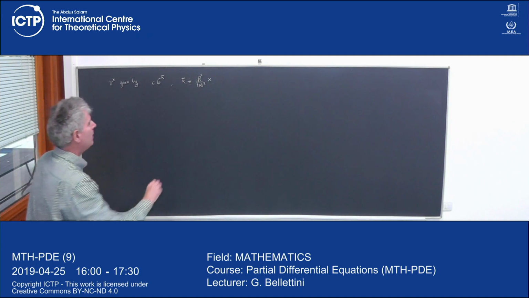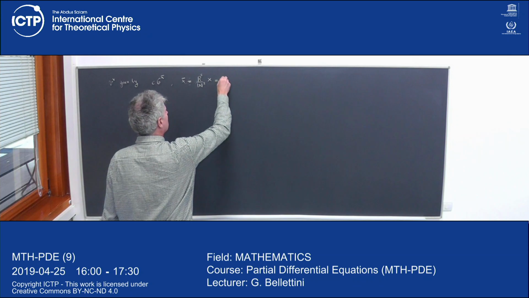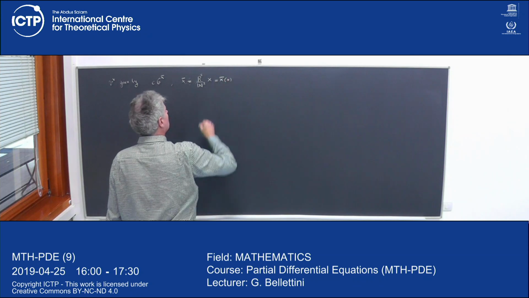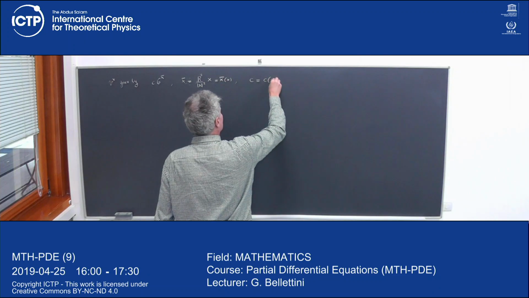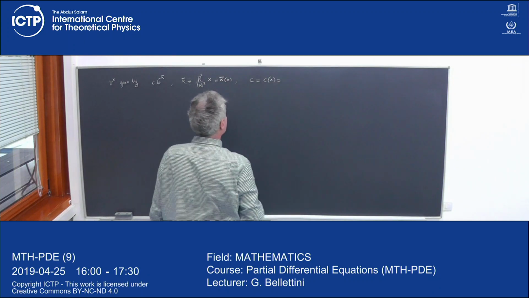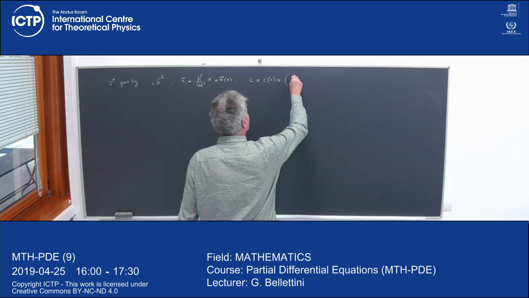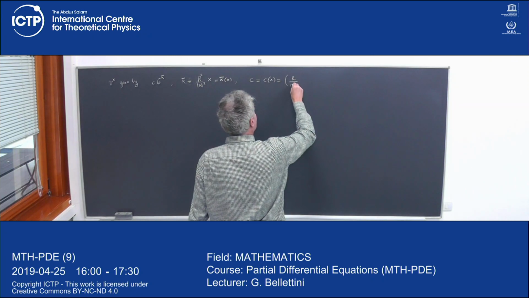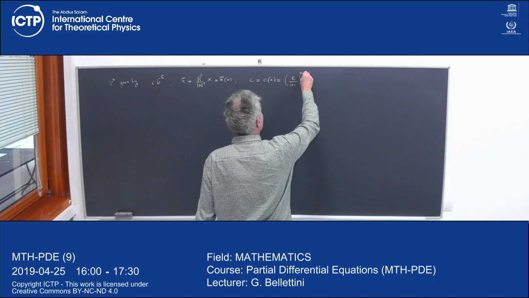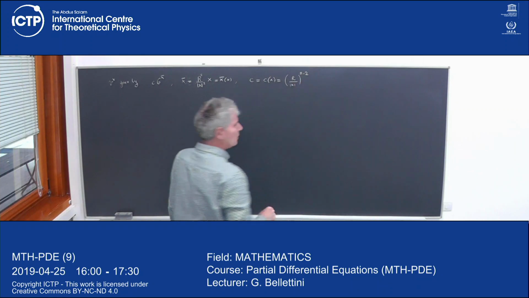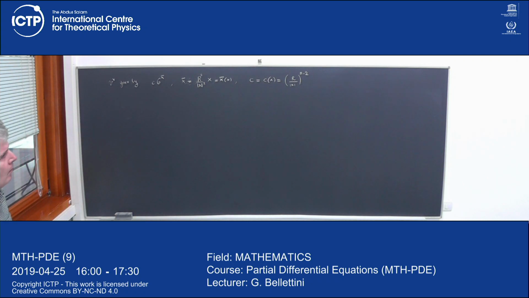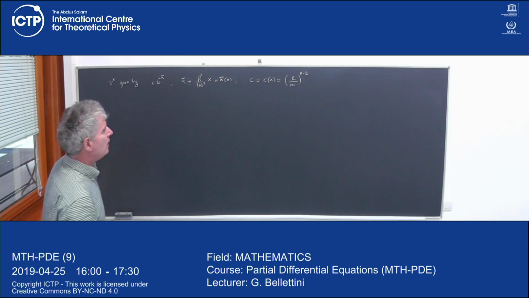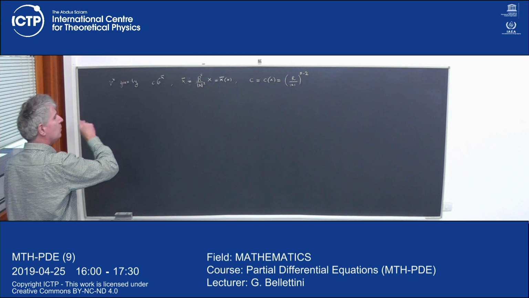And C of x, I think, was given by R to the x to the n minus 2. Is it correct? Yes, to the n minus 2. Okay. And yesterday, and then some notation.